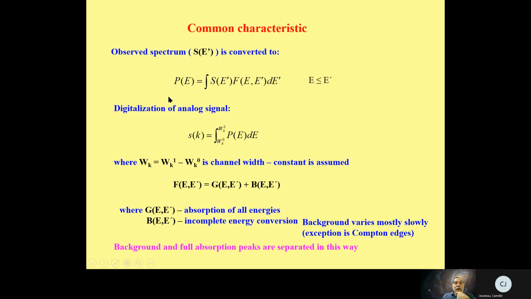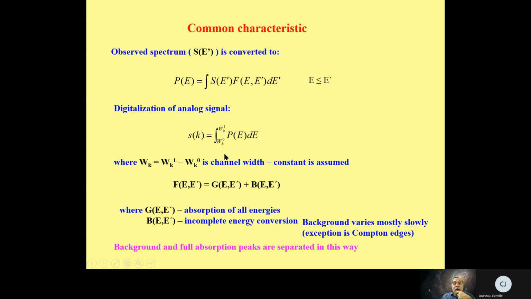You will obtain a spectrum which is produced by this detector, and you will obtain this analog signal, but it is digitalized and converted to a spectrum in the computer. That means we will obtain channels with a constant width.